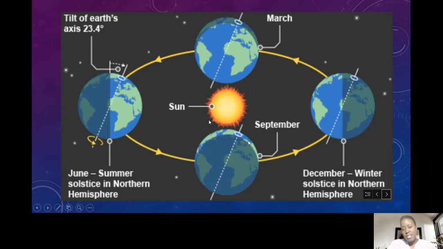Here you have September, the Earth is tilted. So summer is between these two areas. This is winter going into spring, summer, fall, then you have winter. So in between here, this is summer and this is winter. This is spring and this is fall for us. As you can see, it just depends on what continent is closer to the sun based off of the rotation of the axis.